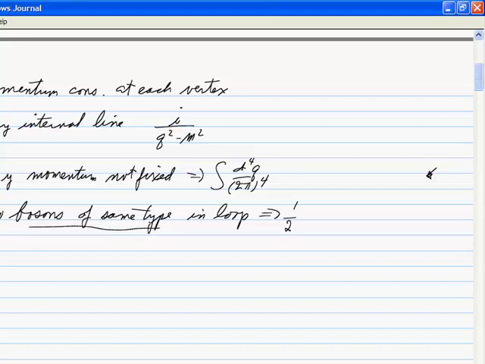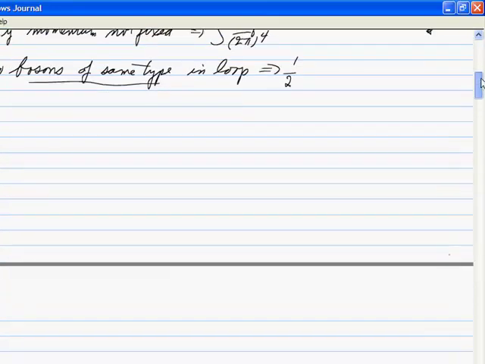So 2 bosons of the same type. Now let me show you an example where this rule comes into play. It's a diagram we're going to calculate, and so P1, P2, P3, P4. Now let's make them P's.